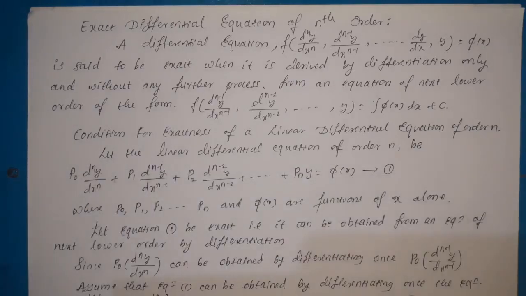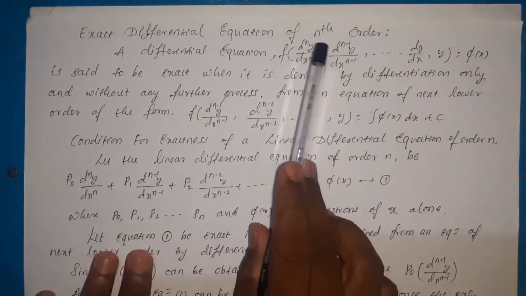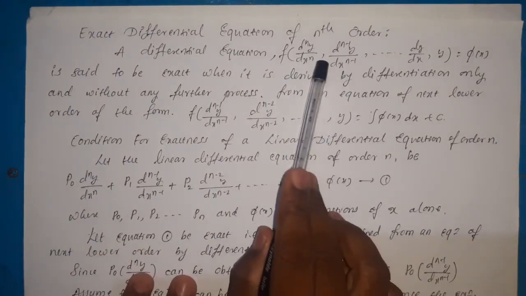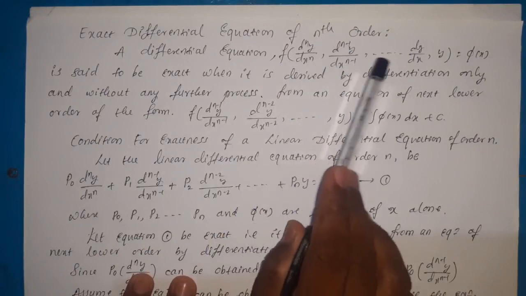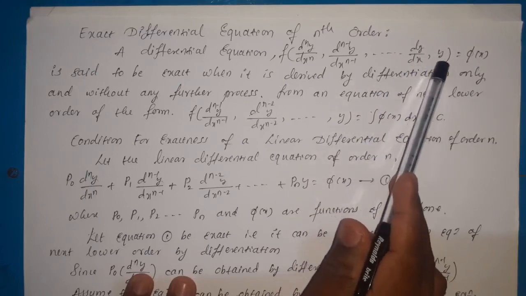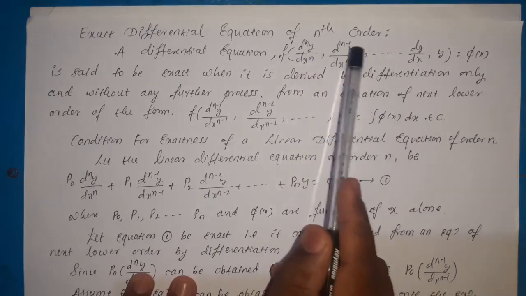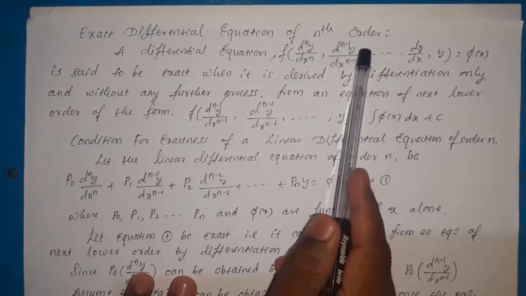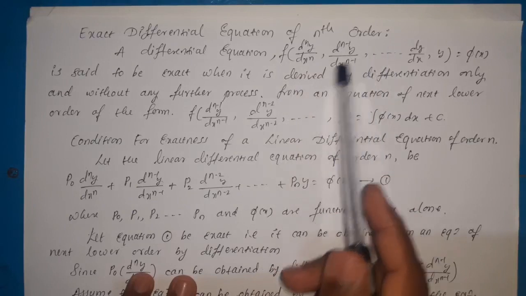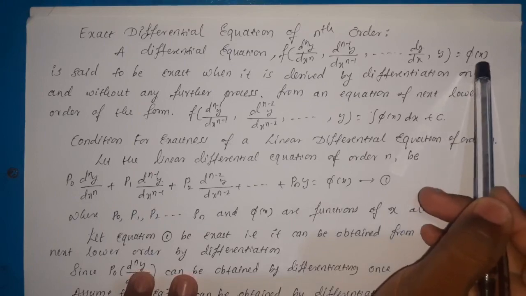So here a differential equation f of d^n y by dx^n, d^(n-1) y by dx^(n-1), and so on, dy by dx, y, is a function involving the nth derivative, the (n-1)th derivative, the (n-2)nd, and so on up to the first order derivative and the 0th order. 0th order means there is no d by dx, simply y is a function of x.